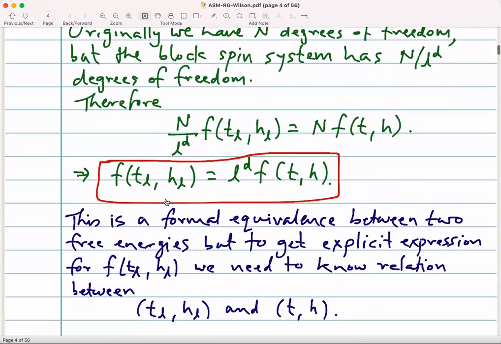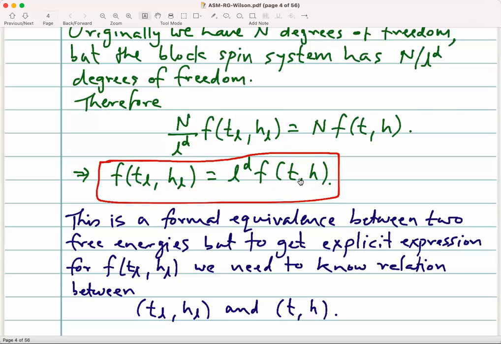Now, the thing that we really want to get at is not a relation like this, but the relation between T_L, H_L and T, H such that we can realize an equation of this kind. This is just a statement that a physical observable is the same no matter what kind of degrees of freedom you use for describing it. So we want to ask how T_L and H_L depend on the original set of variables.